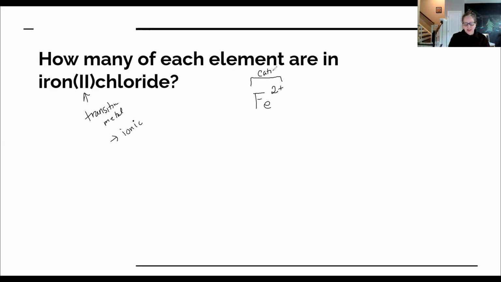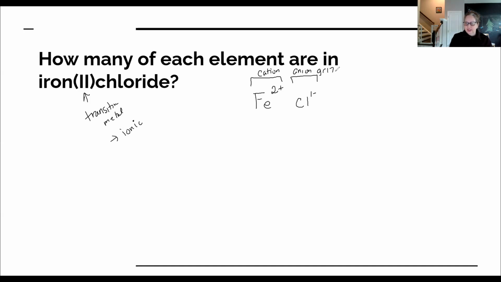Always starting with that cation, that positively charged ion. And then chlorine. Chlorine is 1 away from being a noble gas. He needs to add 1 electron, adds for anions. We always add electrons for anions. So he has a 1- charge to be that anion.